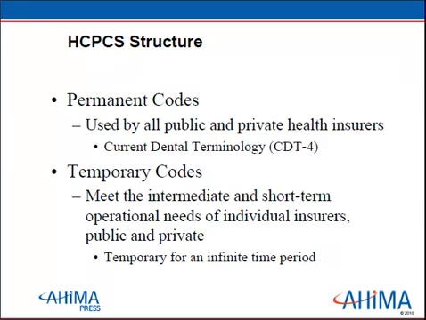In HCPCS, there are permanent and there are temporary codes. If they are temporary, they will then possibly be moved into permanent CPT codes. This I like to think of as more of a trial period, and they're gathering data to see how often this code is used.